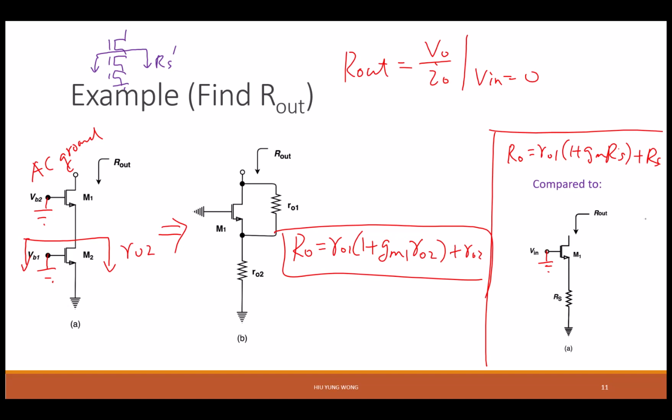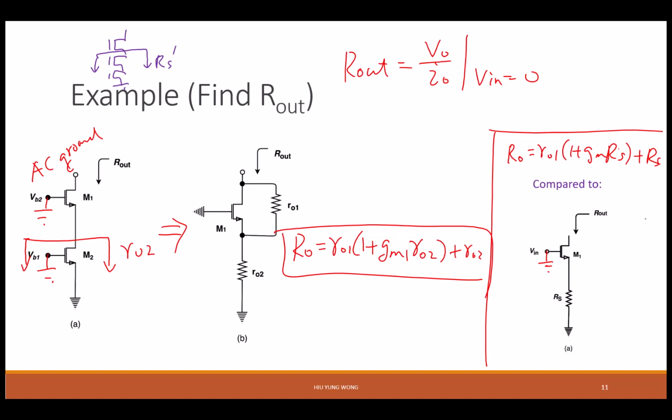You can use small signal or check your gauge again. What do you learn already? It can tell you what is the resistance when you look down. Common source is just the drain resistance when the gate is grounded. We learned this already, right? And that's why we transform to this circuit. The whole thing is nothing but just this circuit.